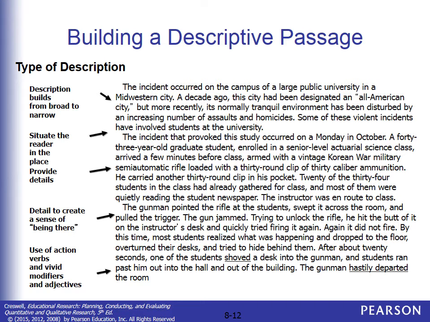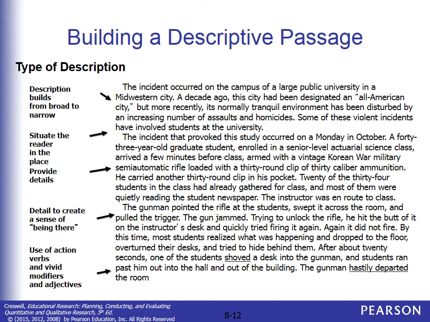Here's an example of a descriptive passage that was used by a researcher in a qualitative study. And I just want to point out some aspects of this descriptive passage. A descriptive passage always begins with a broad description and moves to more specific description of the incident.